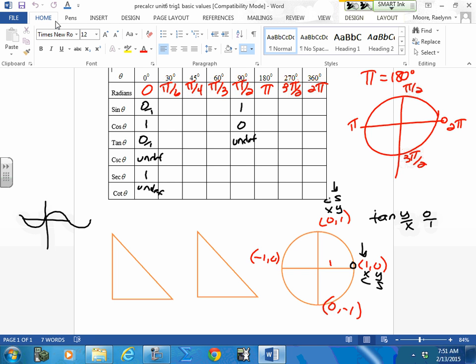Take its reciprocal, which is 1. Secant. 0 over 1. I'm going to flip it to 1 over 0. Undefined. Now, your cotangent is 0 over 1, which is what? 0.